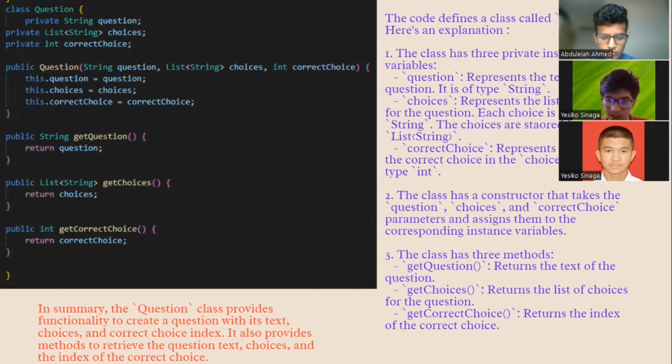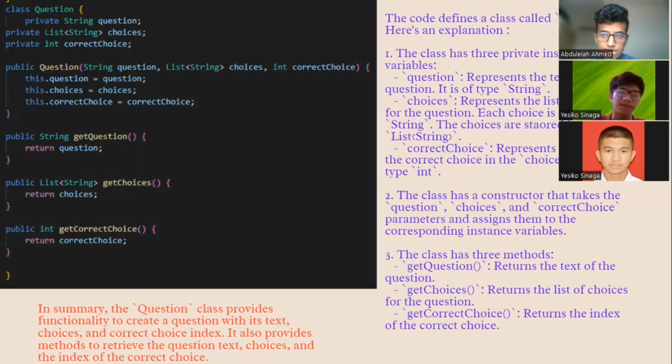It is of type integer. 2. The class has a constructor that takes the question, choices, and correctChoice parameters and assigns them to the corresponding instance variables. 3. The class has three methods. getQuestion returns the text of the question. getChoices returns the list of choices for the question. getCorrectChoice returns the index of the correct choice.